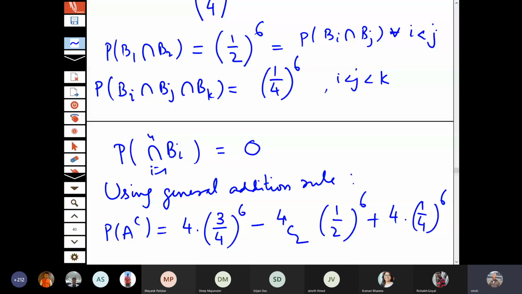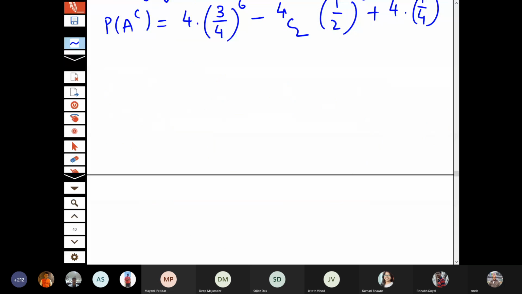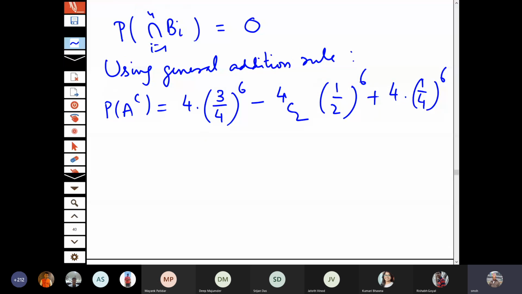You put this in and after simplification, it turns out to be 317 by 512, which is approximately 0.62.